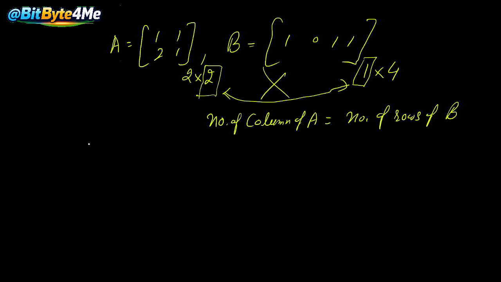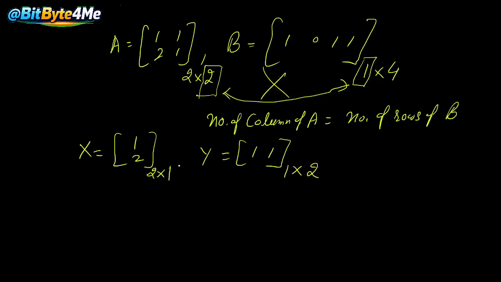So if we take x is equal to [1 2] and y is equal to [1 1], the number of rows in x is 1 and the number of columns is 2. In y, the number of rows is 2 and the number of columns is 1.